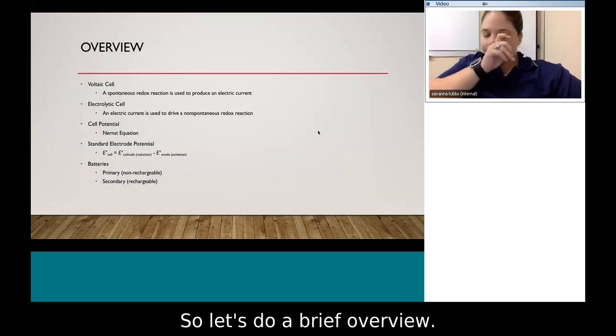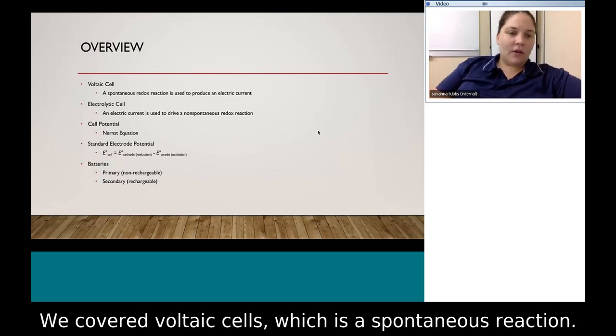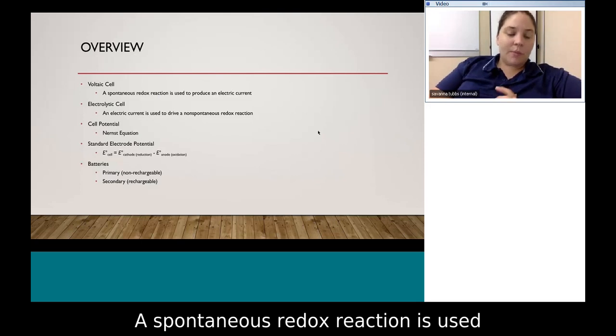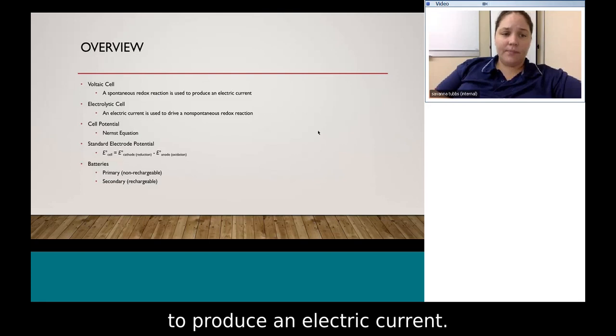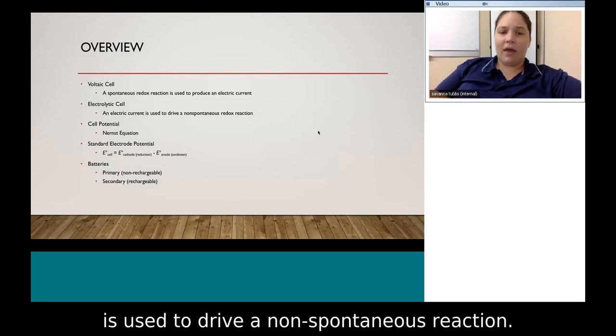So let's do a brief overview. We covered voltaic cells, where a spontaneous redox reaction is used to produce an electric current. For an electrolytic cell, an electric current is used to drive a non-spontaneous reaction.